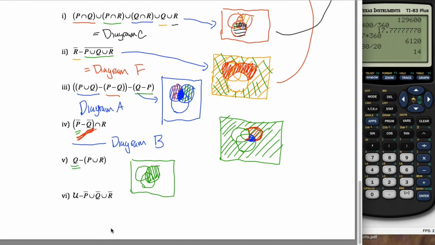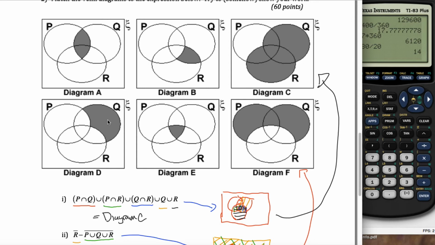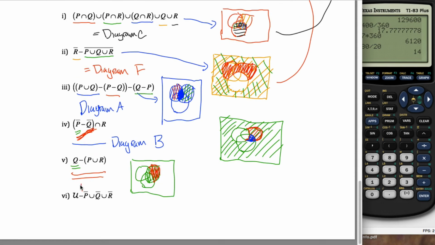And from that, I want to get rid of anything that is in either P or R, the union of P and R. So I want to get rid of anything that's in either of these circles. I kind of want to erase this part, and what I'd be left with is this red region right there. So I'm looking for one that has that red region. It looks like this guy does. That's diagram D.